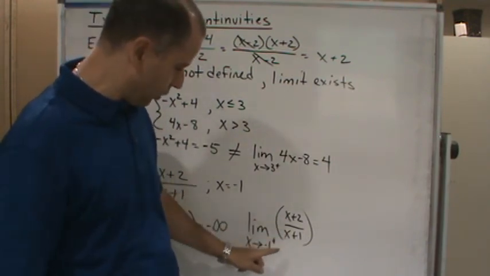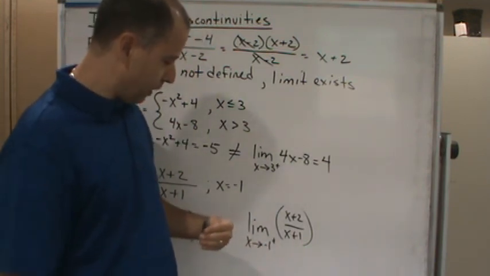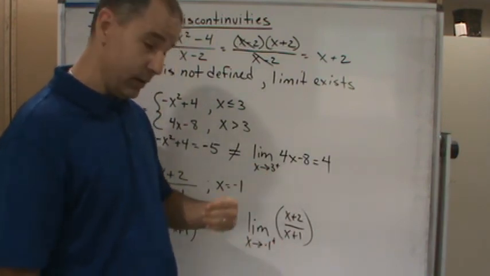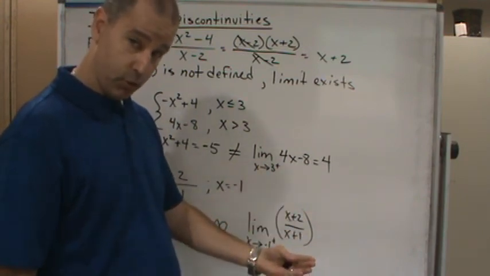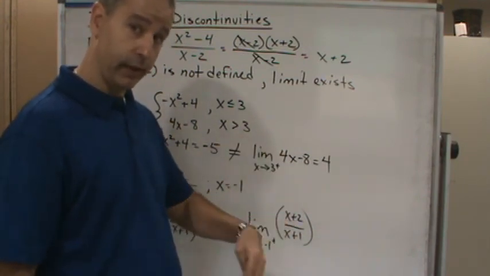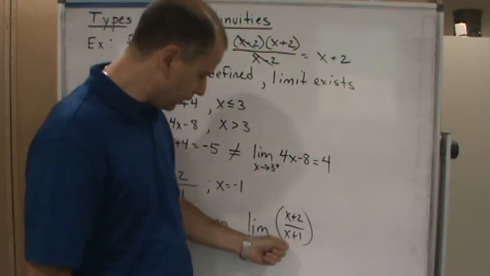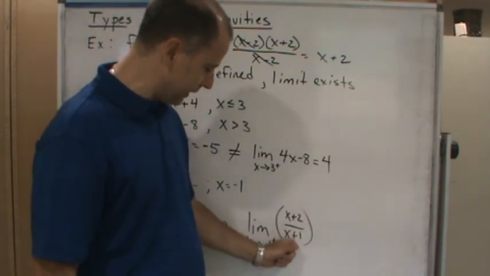But now we're approaching -1 from the right, which means we're adding numbers like 0, -0.1, -0.2, -0.3, -0.9, -0.99. So we're getting closer and closer to -1, but we're approaching from the right.